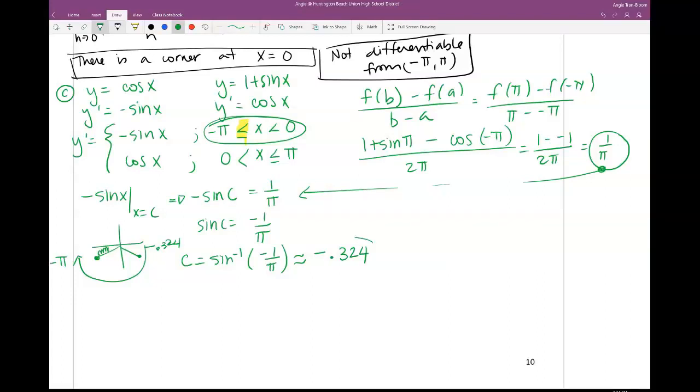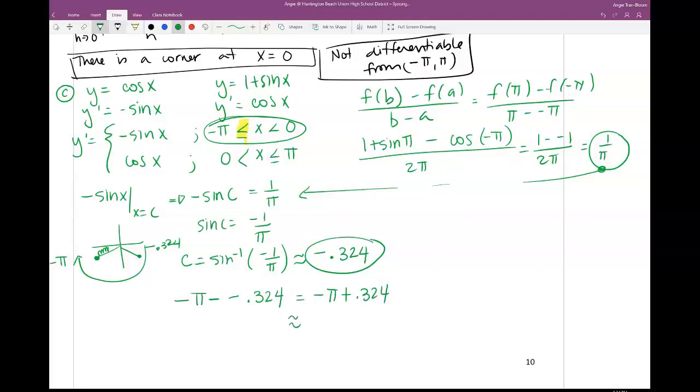It's really tricky, so I need you to really think about this. This whole angle is really negative pi less that piece, so I'm going to subtract that piece. I want you to understand this. So negative pi minus negative 0.324, but two negatives make a positive. So negative pi plus 0.324.